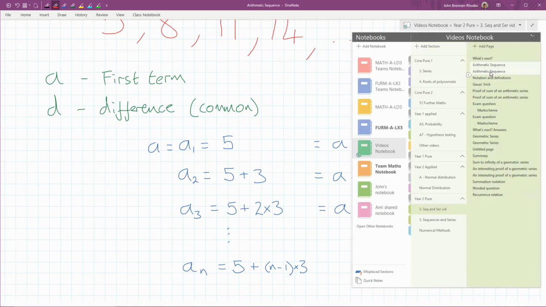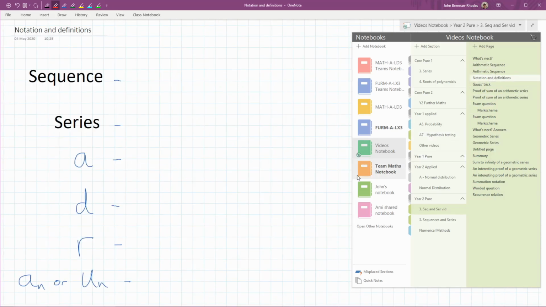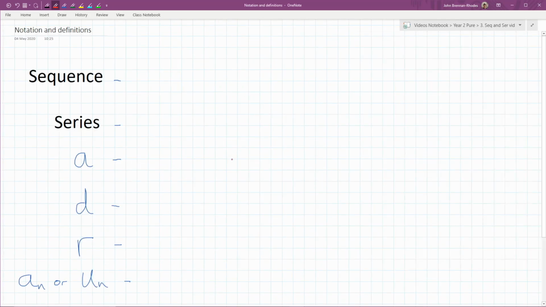Okay, now it's time for a little bit of notation. A sequence and a series are very similar, but in a sequence, you're just saying the sequence of numbers and you put commas in between them. So a sequence of numbers might be 5, 8, 11, 14 that we just saw. And a series is where we add them up.